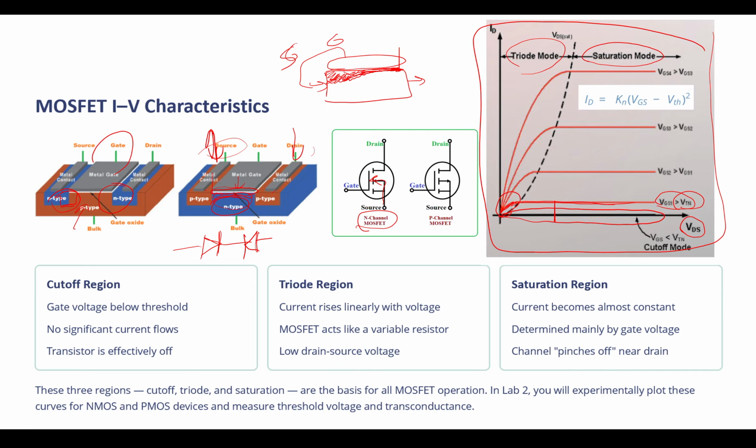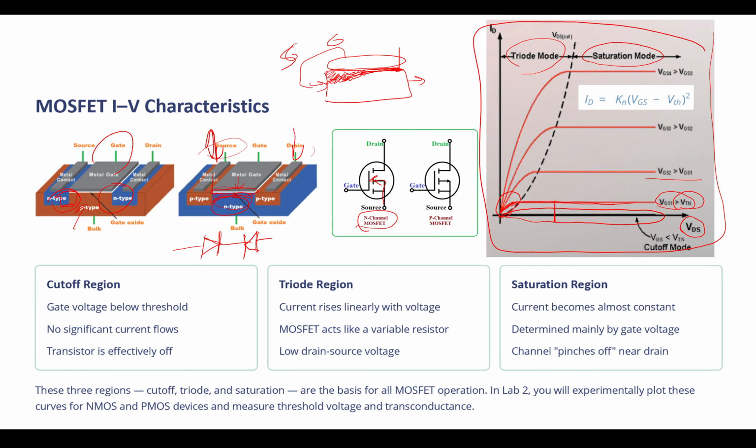Now, it goes without saying, and you can see that in the graph, that when you increase the VGS, the amount of current that you can get would increase. You can see that the second VGS that I defined is more than the first one.